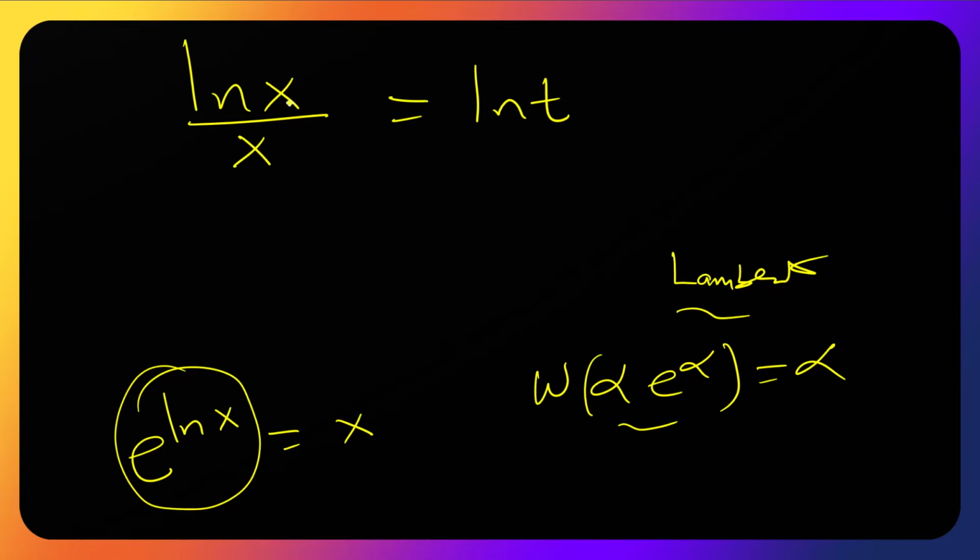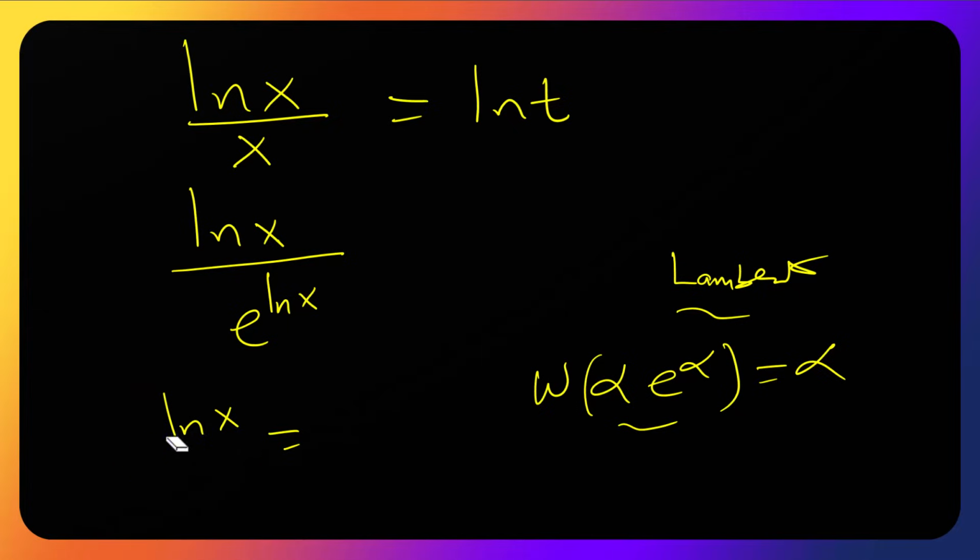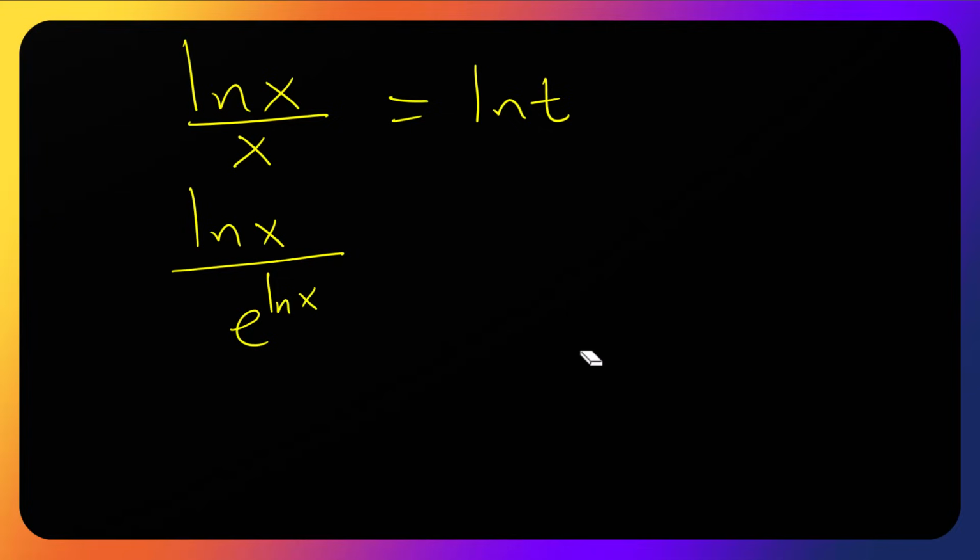So from here, we can say ln of x on x, but instead of x I'll make it e exponent ln of x. Remember this rule. Going back, the result will be this, so I've done nothing. Okay, so we have ln of t.